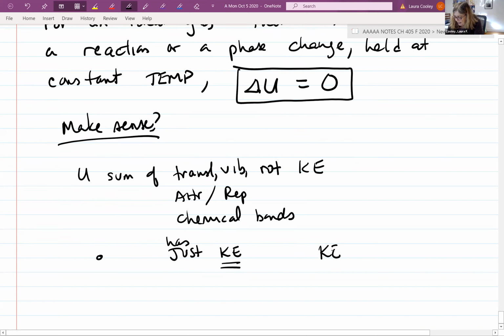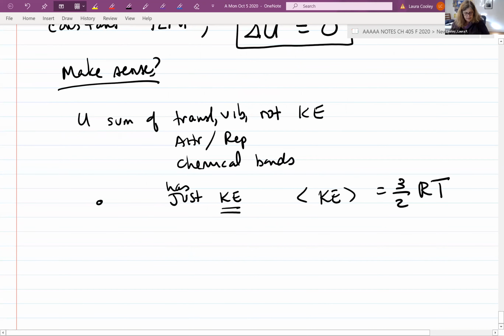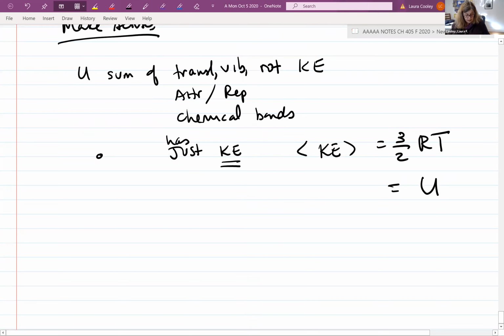And the average kinetic energy is 3/2 RT. So it depends on the temperature and on nothing else. And remember, I told you earlier that I'm ignoring the energies at absolute zero that physicists care about, because I don't care about them. So U is 3/2 RT, and if the temperature is constant, then delta U is equal to 0.